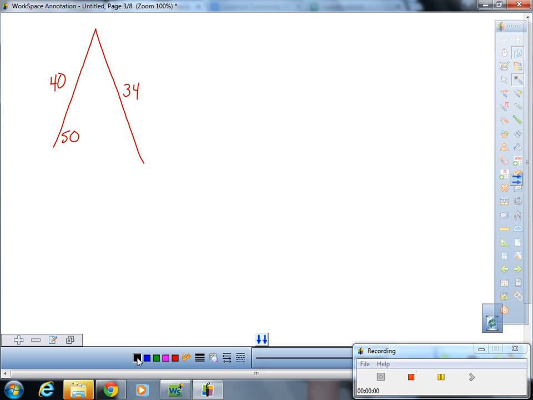Okay, and then this side here is unknown, this is unknown, and this is unknown. You follow me on that? But we have an additional triangle. So we still have a 40 unit side there. And we still have a 50.